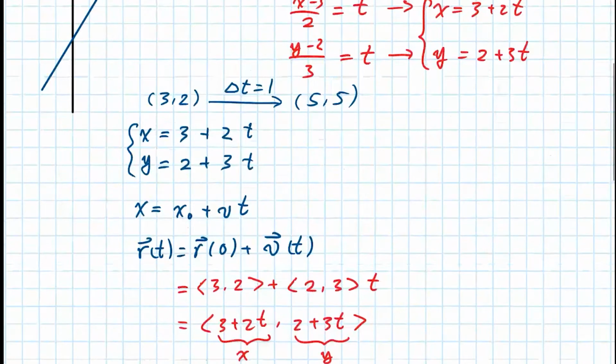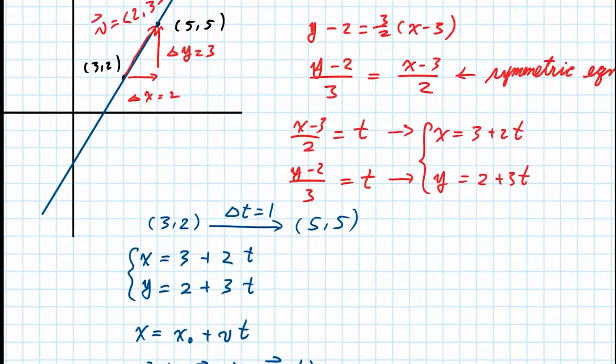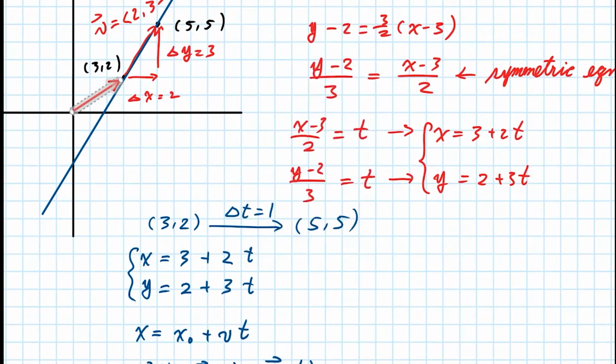When we say this is a vector right here, what does it mean? This thing being a vector really means this position vector. That vector. And then we have another position vector at 1, which will look like this.